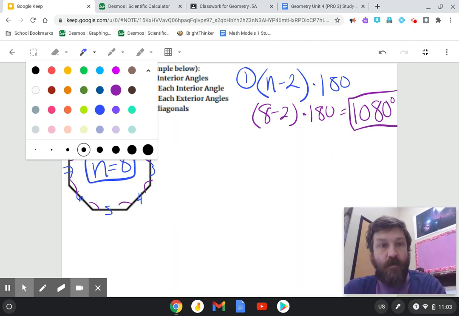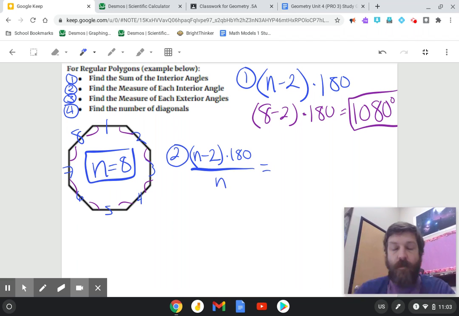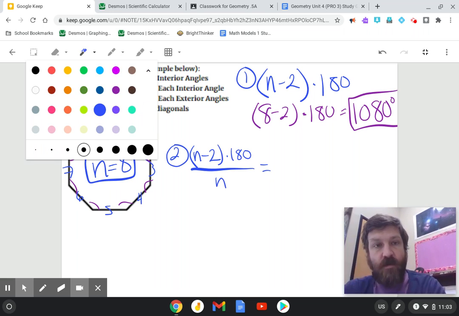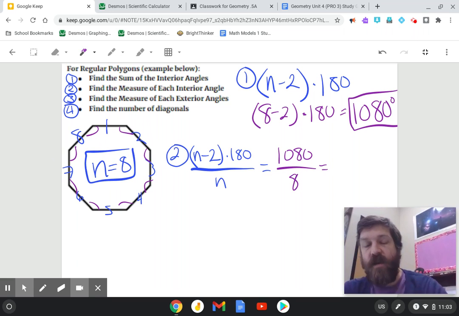All right. So the next formula is for finding the individual angle. Now I'm going to write the formula, but we don't really need to do all the work again because you'll see the formula is basically the same formula we just used, but divided by n. So we need to take the answer we got for the angles and divide it by 8 because we have 8 sides.